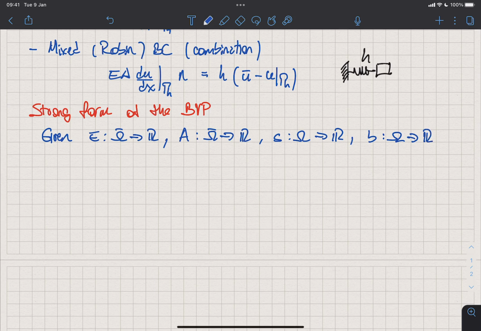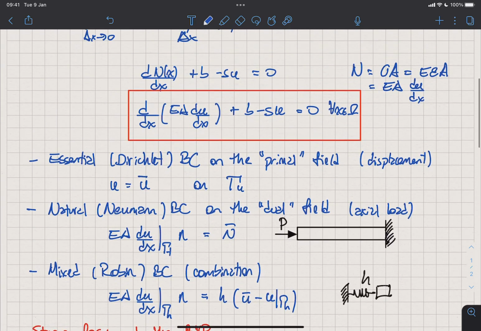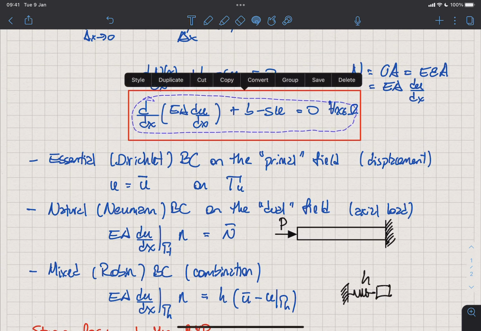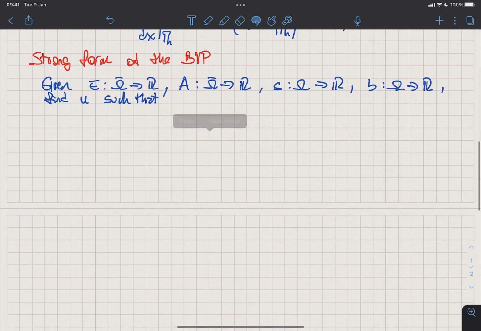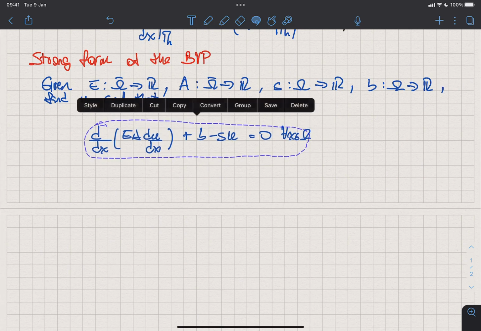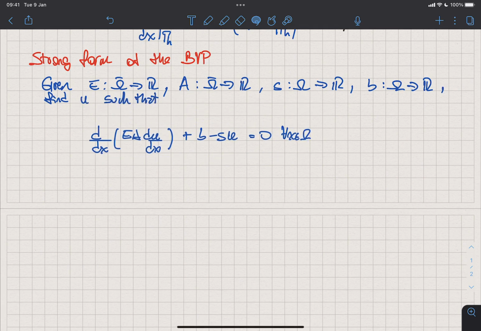The same thing. Given all these quantities, what we have to do is find U such that, and I'm going to copy this, and again, what is important is that this has to happen for all x that belong to omega.